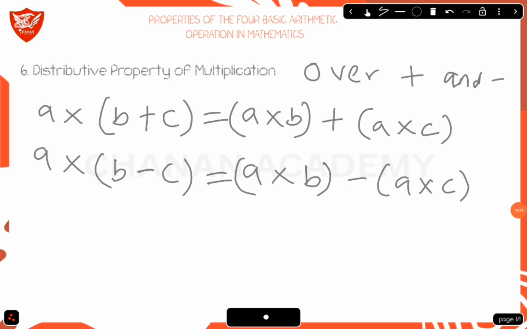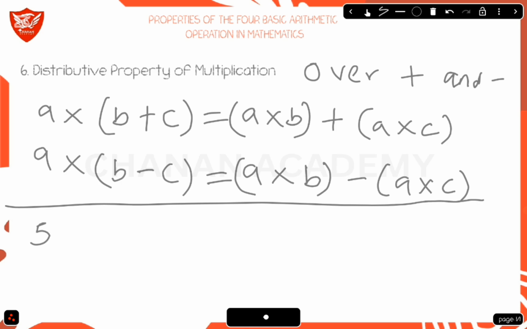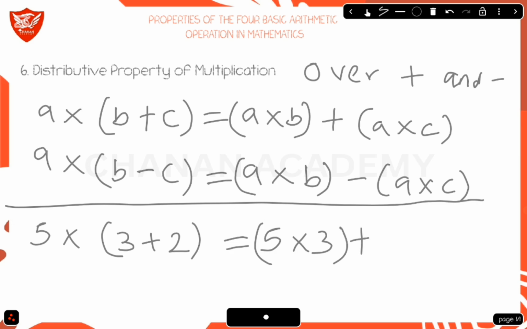Let's take an example for the addition: 5 multiplied by 3 plus 2 equal to 5 multiplied by 3 plus 5 multiplied by 2.